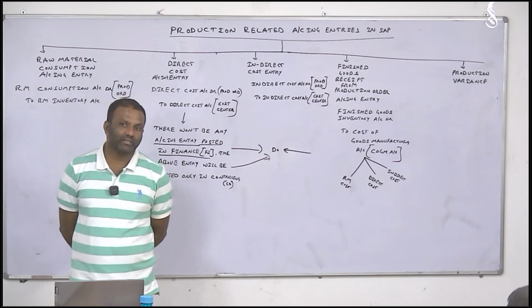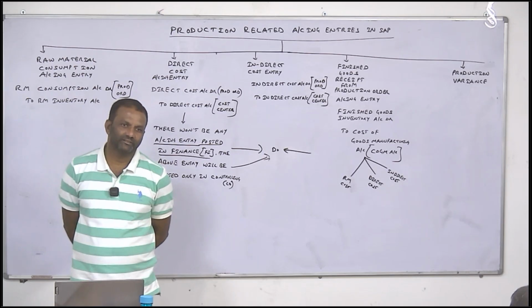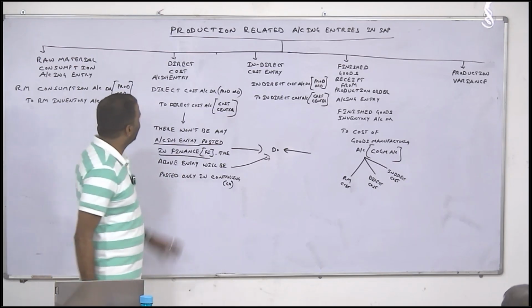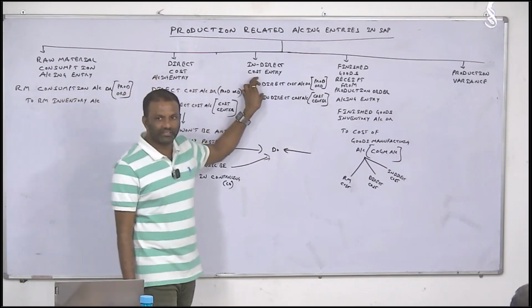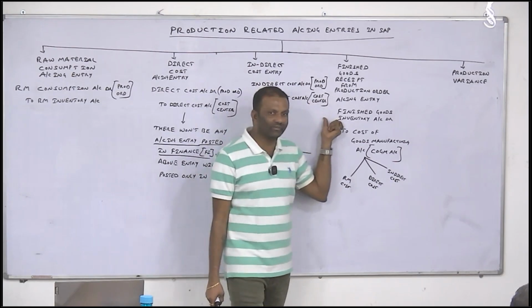But once you complete that construction, you call that building an asset. You don't talk about expenses. You say, this is my asset value. In the same way here, you are spending raw material, direct cost and indirect cost, but ultimately what are you receiving?